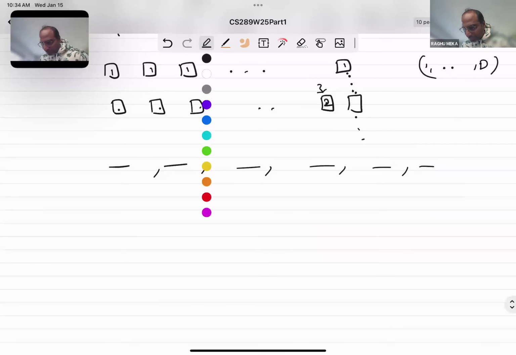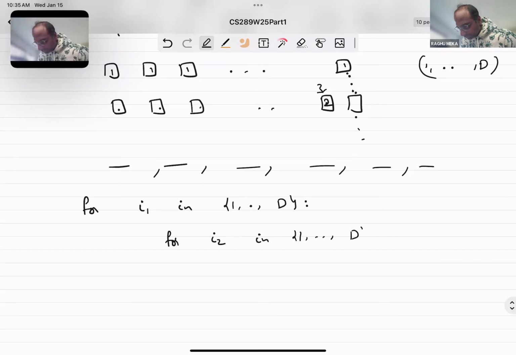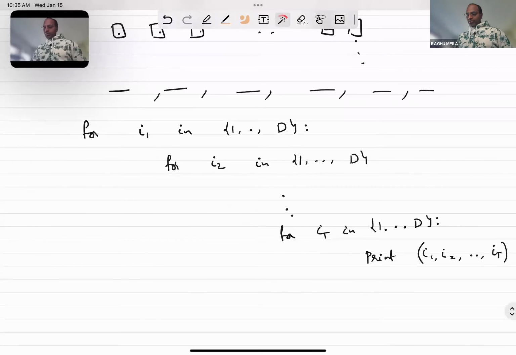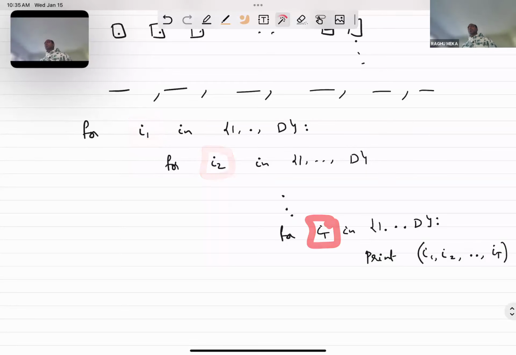So you have T for loops. To keep track of this, you just need to store these values. So that's only T counters.